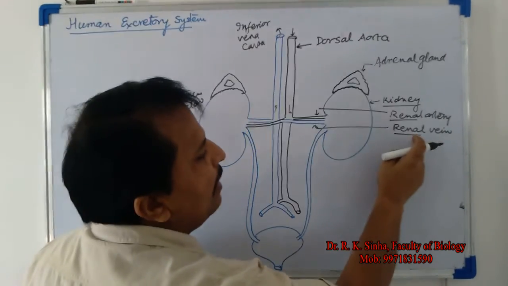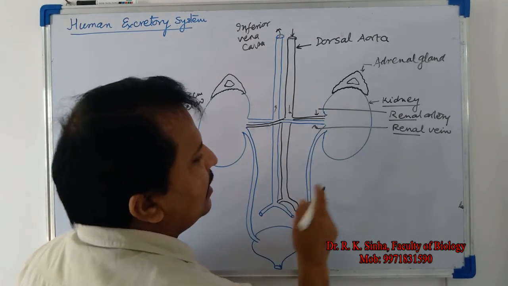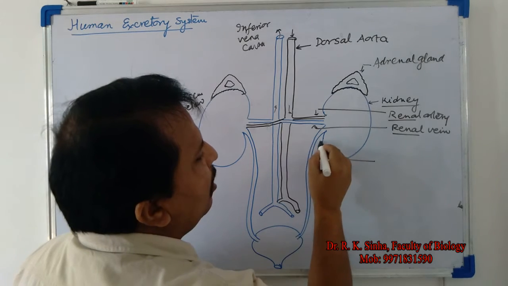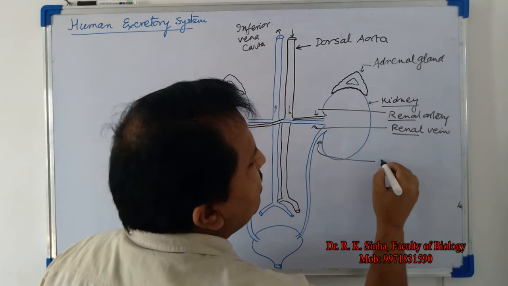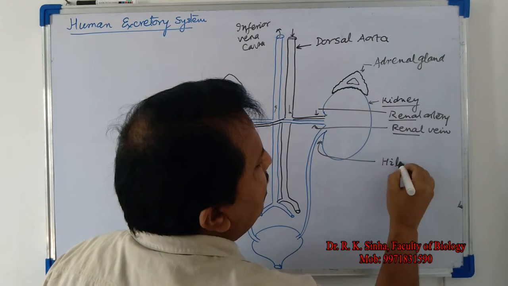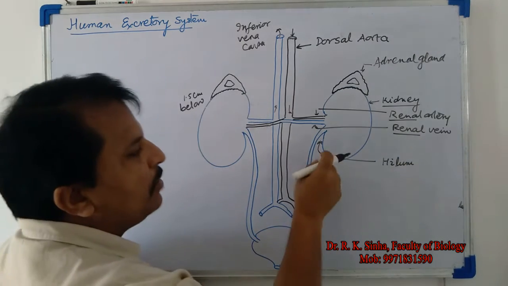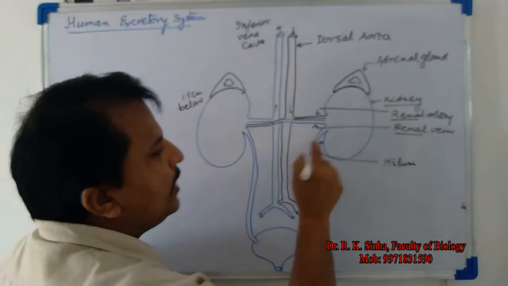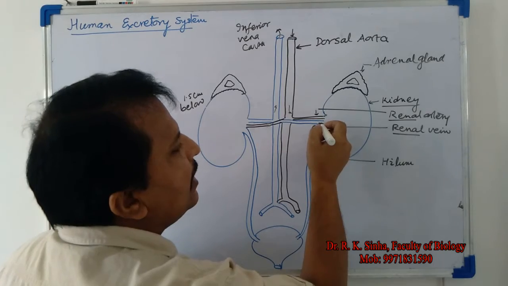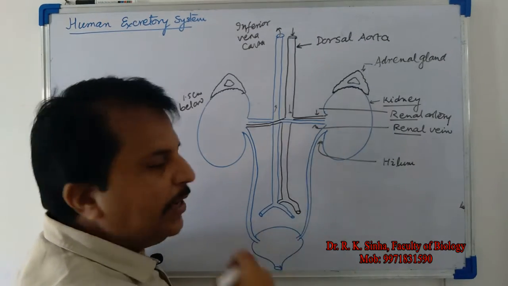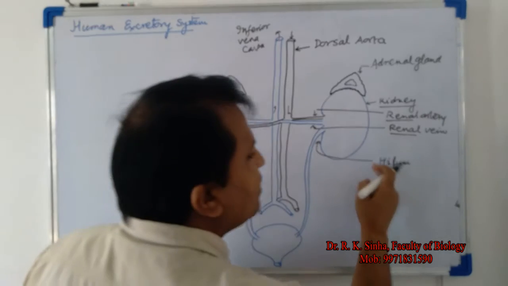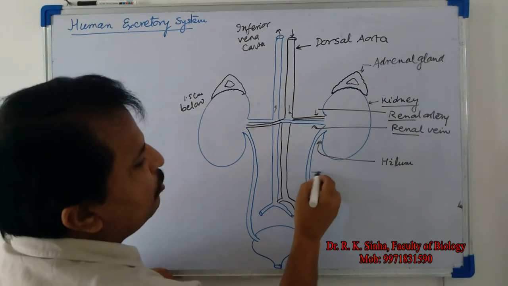This depression or notch is termed the hilum. The notch through which the ureter, renal artery and renal vein go in or come out is known as the hilum.